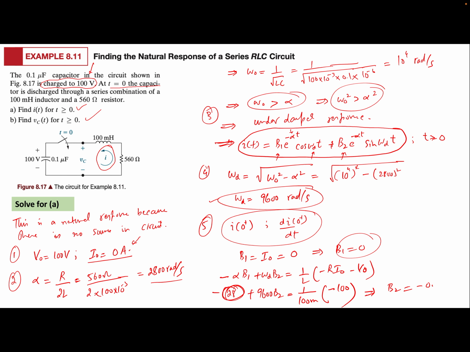Okay. So then you can easily solve this for the value of b2, which should come out to be minus 0.1042 amperes. So you got a value of b1, 0, and b2 this. If b1 is 0, this entire term will go away and you're going to be left with only the second term. So let's write down the expression of current. The expression of the current is going to be b2, which is minus 0.1042, e raised to the power minus alpha t.